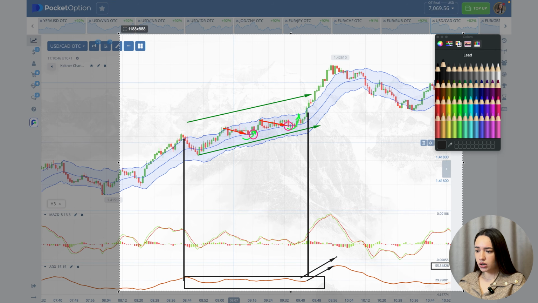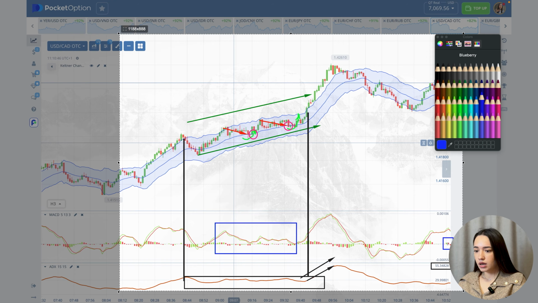Then we check the MACD oscillator. Its moving average lines are positioned above the zero line, which indicates bullish strength.